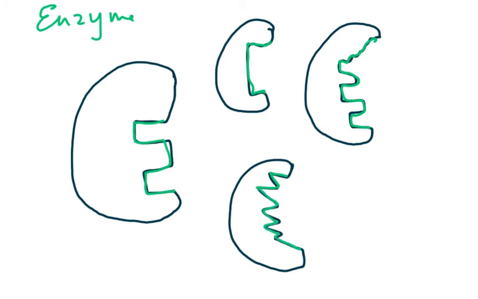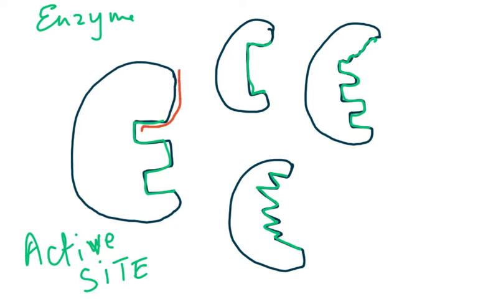So different enzymes have different active sites. The thing that I have colored in green is called the active site. Please do not say just site. Some of you write site at times, and that would be very wrong. Now, what happens is when a substrate which is complementary to the active site fits into it.